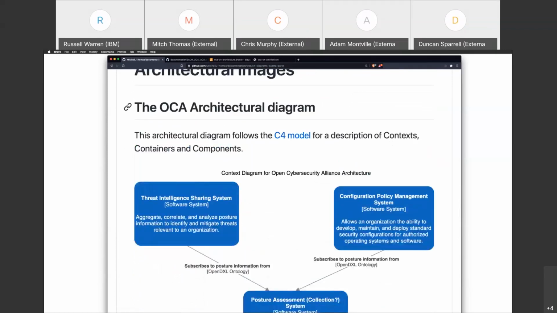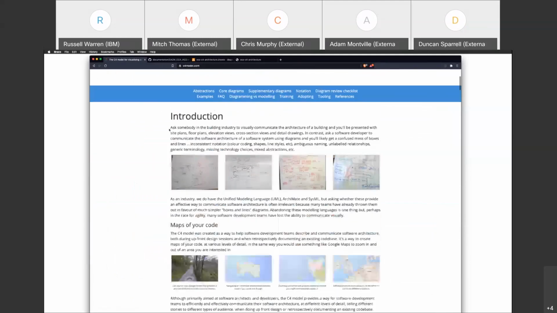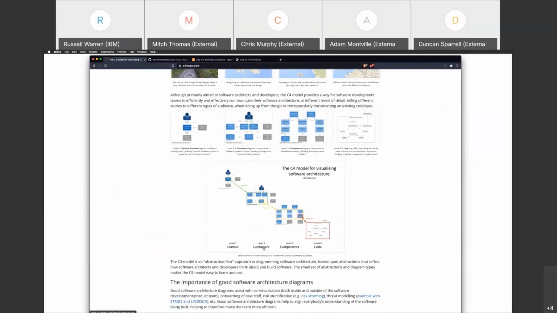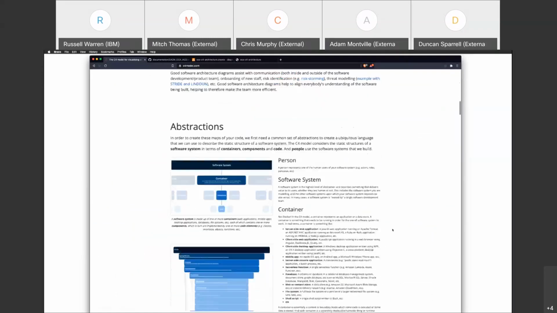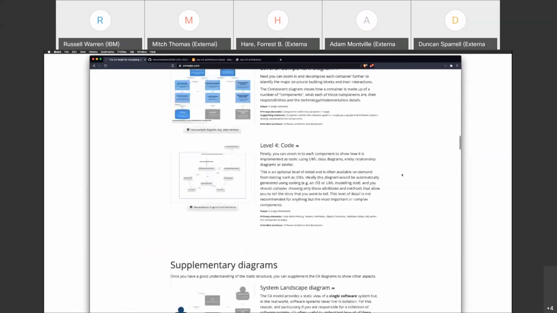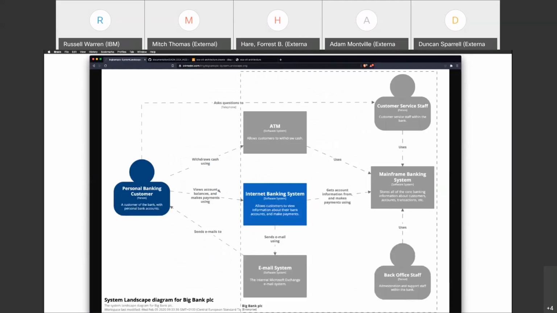So if I were to try and force the C4 idea on you, I'm going to just visit that web page real quick. You'll see the levels are context, containers, and components. The diagram you just saw had context, containers, and components, right? However, there is such a thing as a system landscape diagram, right? And this, I would say, is your higher level landscape.